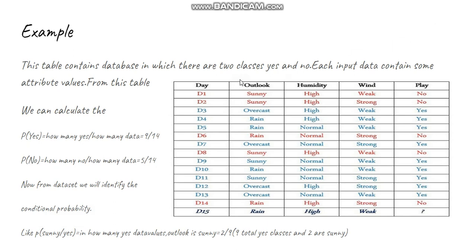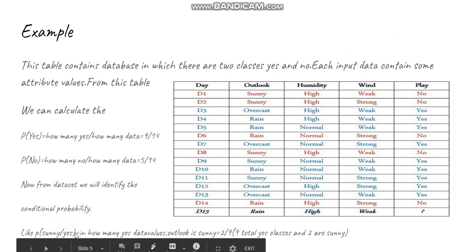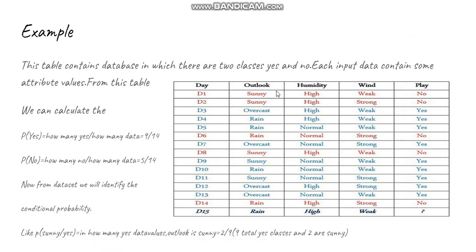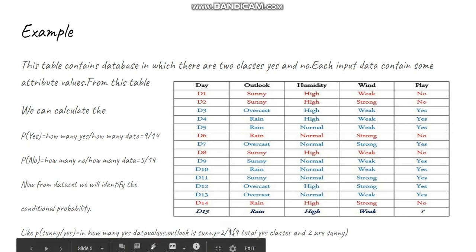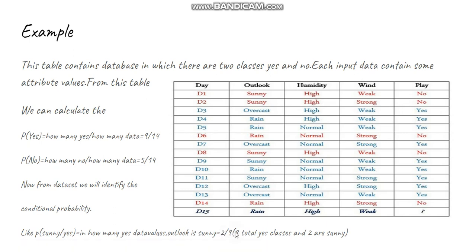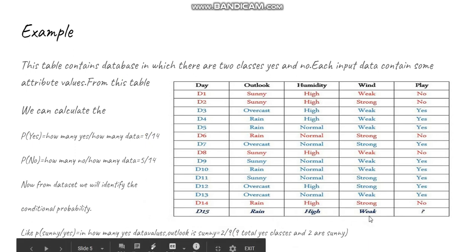For each class value, we will see how it is related to the input values. For example, here you can see yes is appearing 9 times. Out of those, sunny is appearing 2 times. So the conditional probability will be 2 by 9. Why do we want to calculate this? Because ultimately we want to identify the correct class, so this is just the reverse.